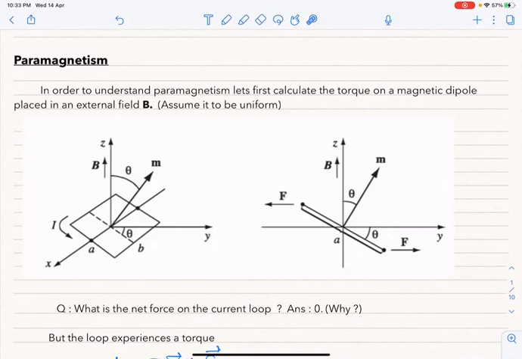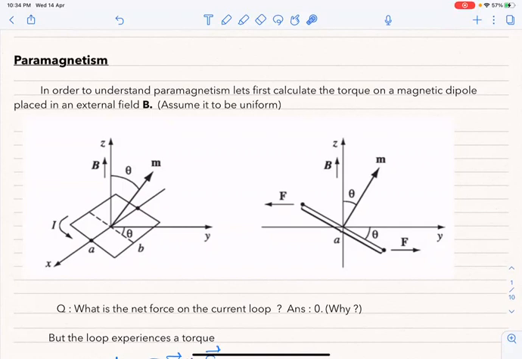Here I have put one such current loop. For simplicity, I have considered a rectangular current loop, but the results do not change for any other shape. Let's say there is a magnetic field along the z direction, and this current loop makes an angle theta with respect to the z axis.